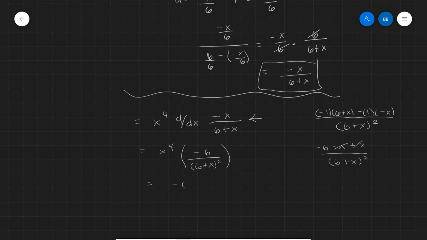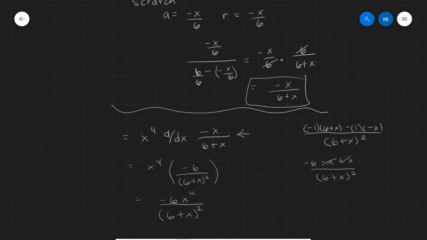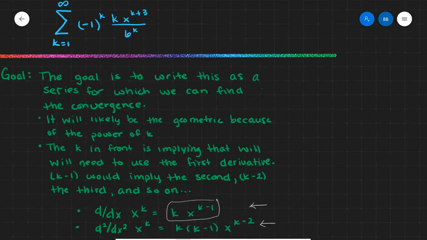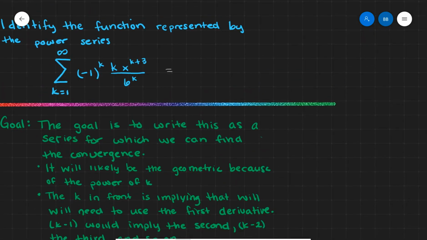And simplifying that, I get negative 6 x to the fourth over 6 plus x squared. So summarizing what we've done here, we found what this summation way back up here converged to, and we said it was negative 6 times x to the 4th over 6 plus x squared.